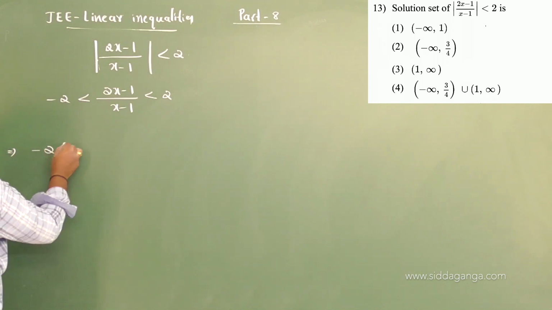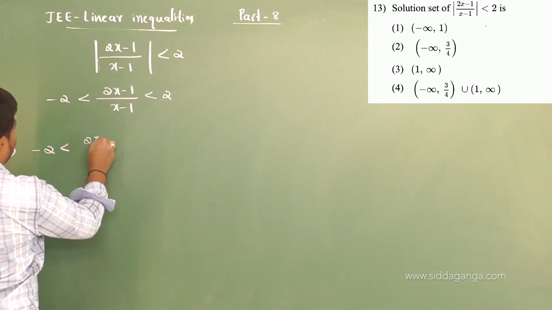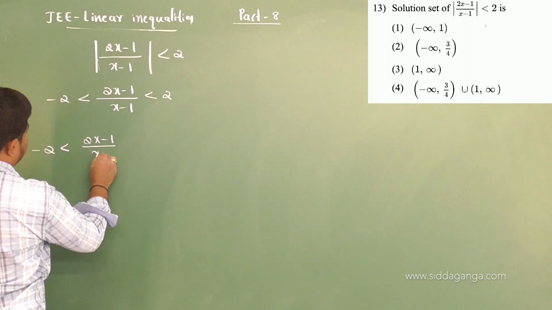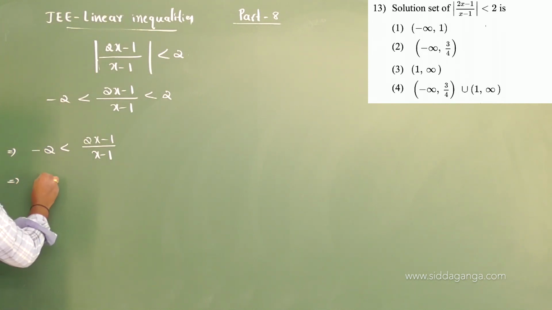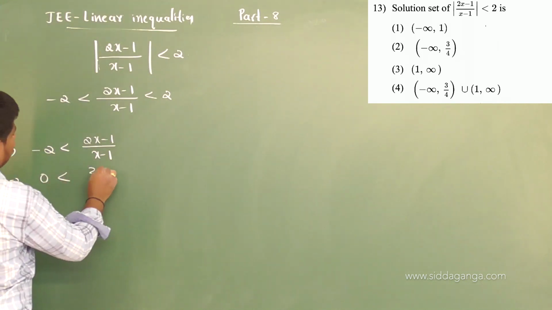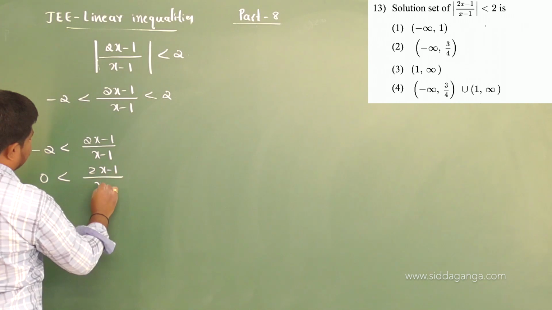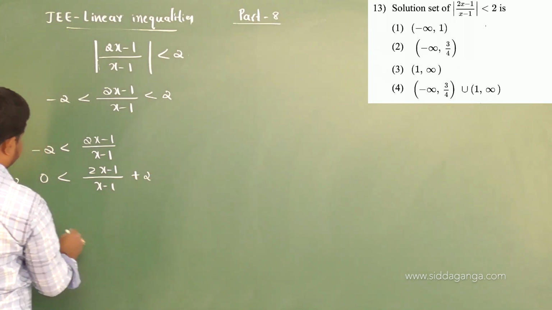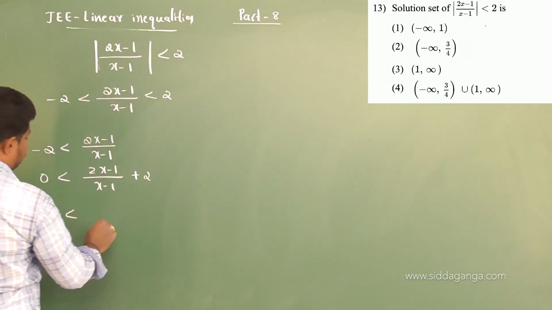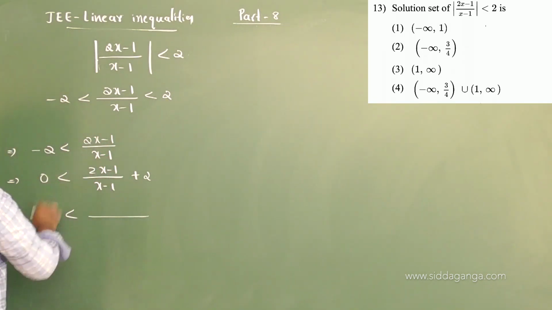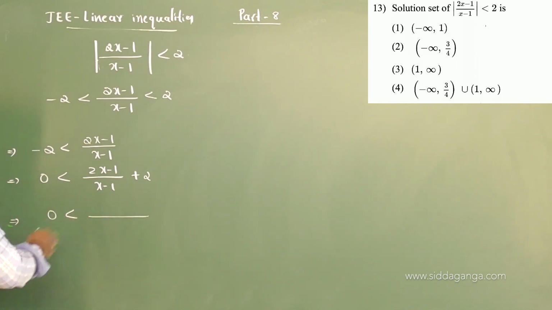First case is minus 2 less than 2x minus 1 by x minus 1. Let me add plus 2 on both sides. You get 0 less than 2x minus 1 by x minus 1 plus 2. Whenever you have this type of inequality, better you make 0 on one side, right side or left side.